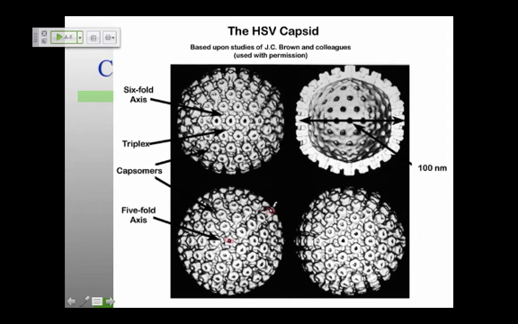How do we get there? We go 1, 2, 3, 4. So nice, regular, icosahedrally symmetric particle, again, mostly from that VP5 protein, which is there.